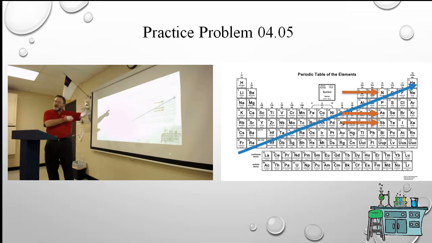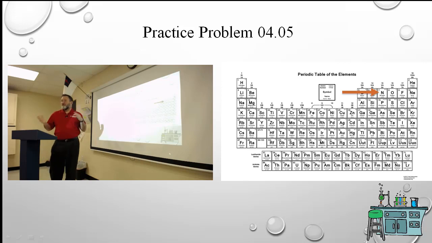So we look at their locations on the periodic table, we know the trend is increasing up and to the right, and the question again was, which has the greatest desire for extra electrons? Nitrogen. It's the highest and the rightest of those. So it has the greatest desire.